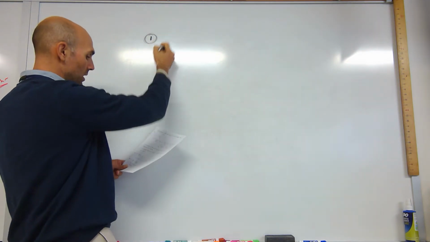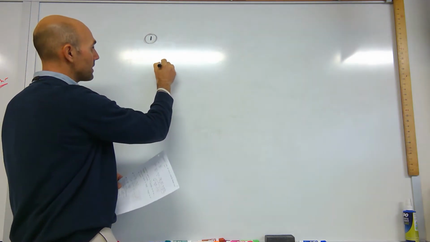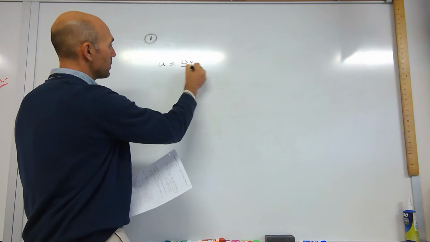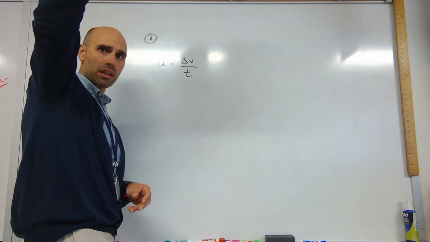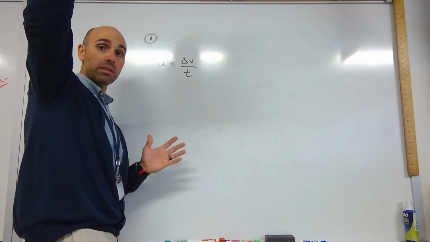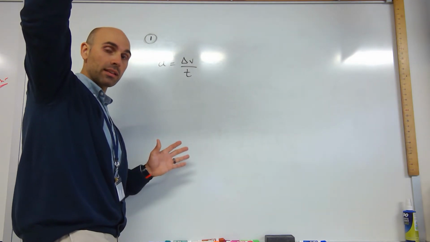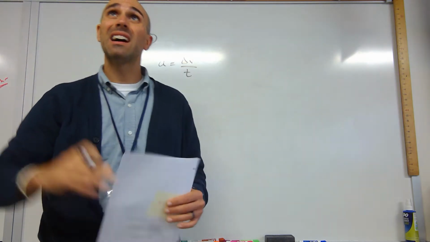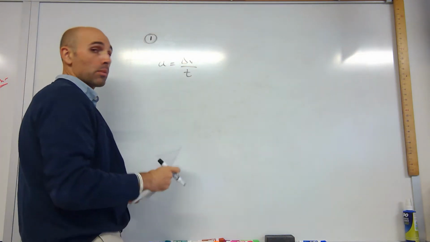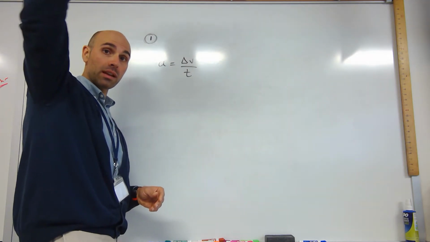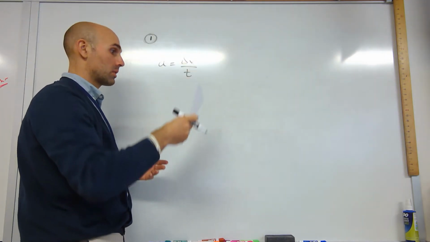So for equation number 1, we know that acceleration equals a change in velocity over time. I promise if I do more of these videos, I'll get a shade or something for that light right there. That way the glare isn't too bad. That's what acceleration equals.